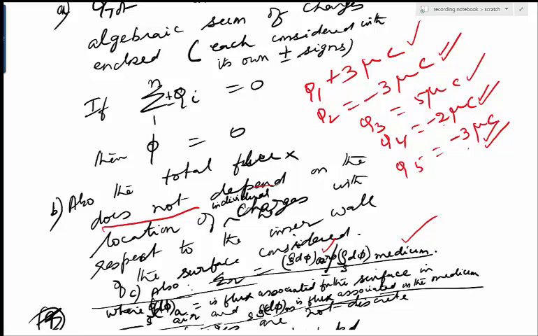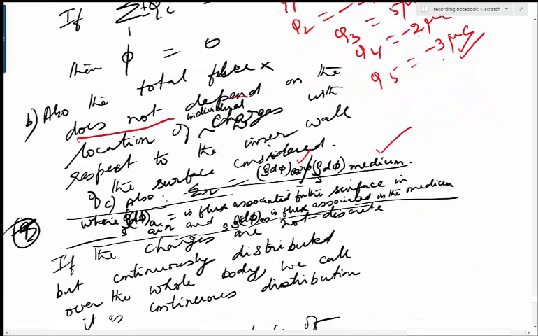Now we are comparing the ratio of the electric flux in air to the flux in medium due to the same charges enclosed by a closed surface, first in air and then in the medium, and that ratio is also epsilon r. The integral of d phi in air is the flux associated with the surface in air, and the integral of d phi in medium is the flux associated in the medium.